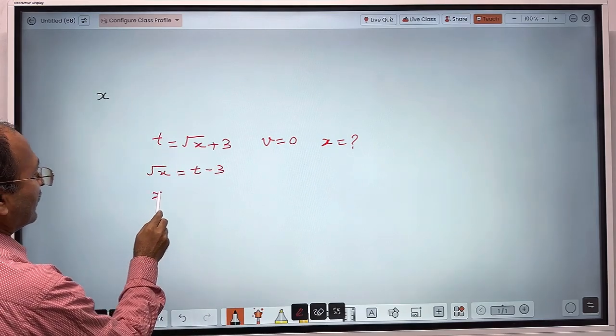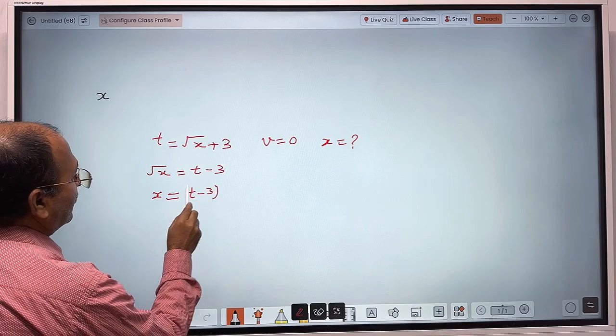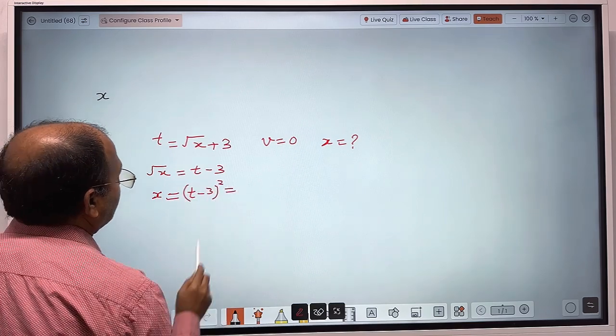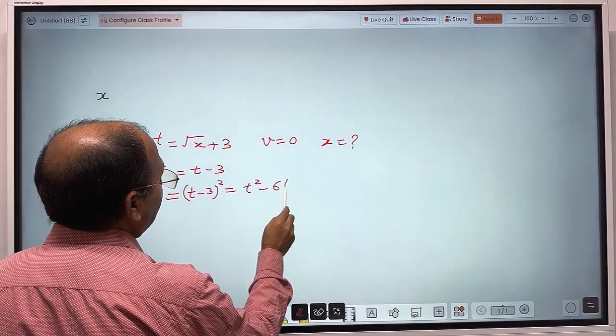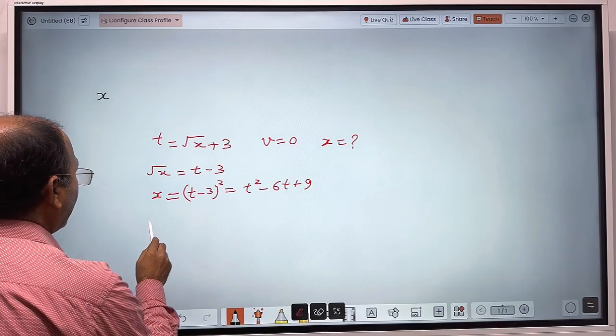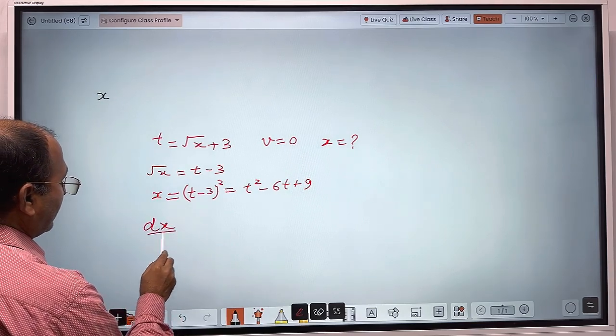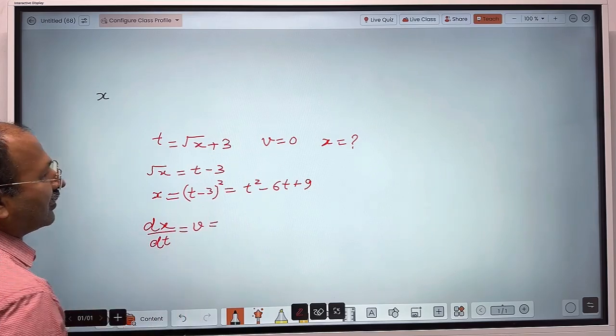Now we can square it. It will give x equal to t minus 3 whole square, which gives t square minus 6t plus 9. Now we find velocity, that is dx upon dt, which is velocity.